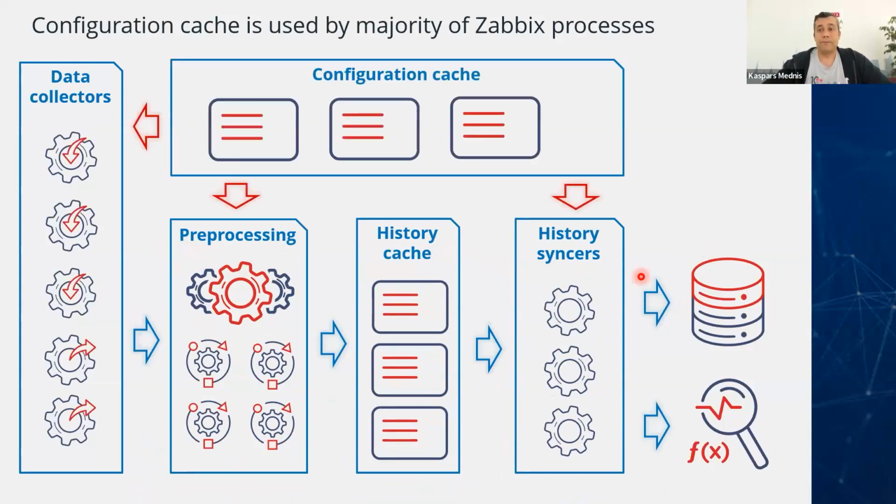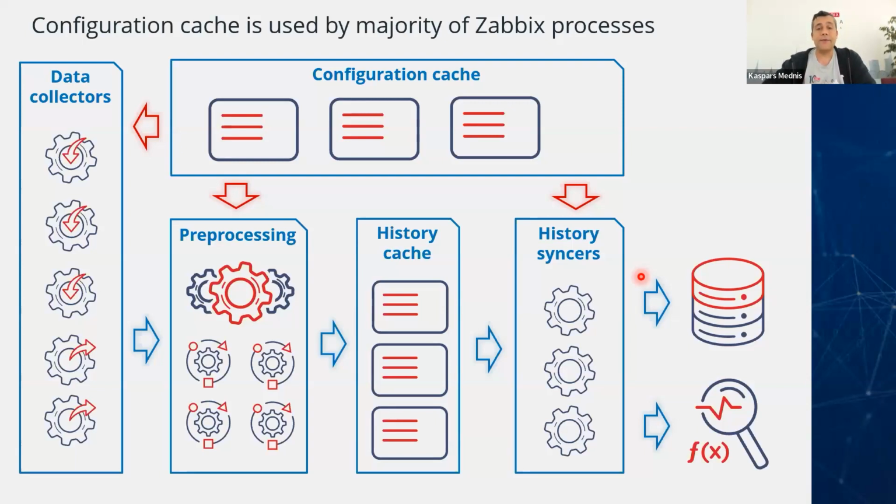Because of that, we have a config cache, a memory region which stores configuration, and data collectors know which metrics to collect, and preprocessors know which preprocessing steps to execute. And history syncers will detect problems based on triggers.